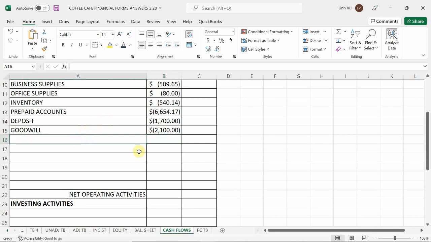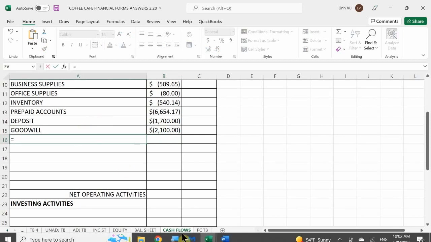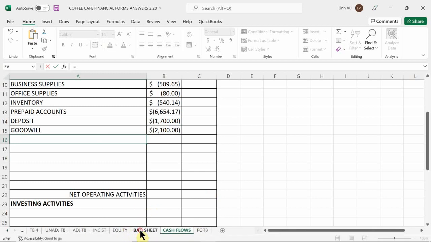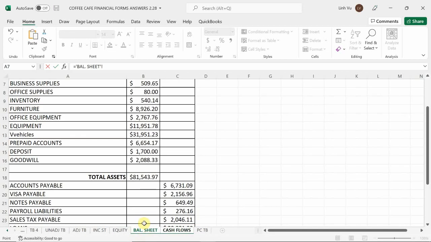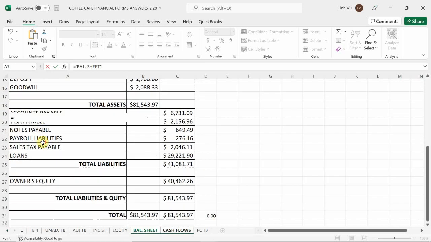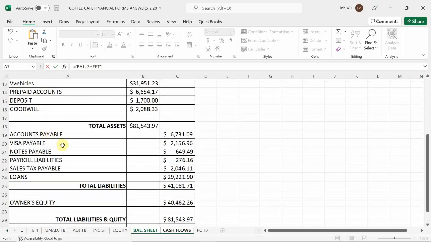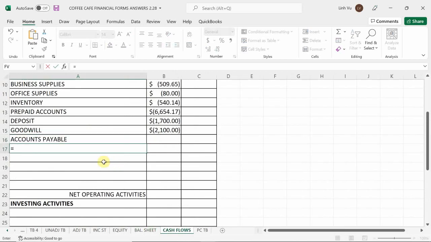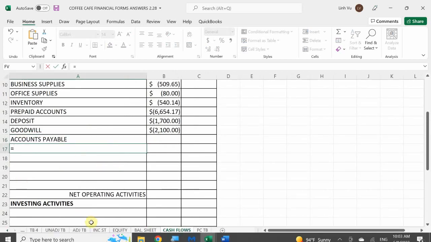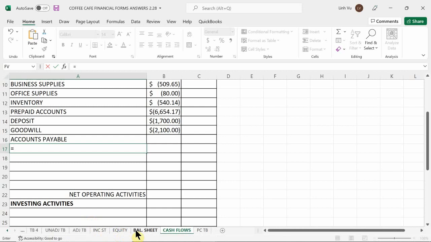Now, that's just only my assets. I also have to include my current liabilities. So let's take a look at my balance sheet once again and see what my current liabilities are. My current liabilities are my accounts payable, my Visa payable, notes payable, sales tax, payroll expenses, and loans, okay? So I can list them all out right now, and that's exactly what I'm going to do, so we can save some time here.